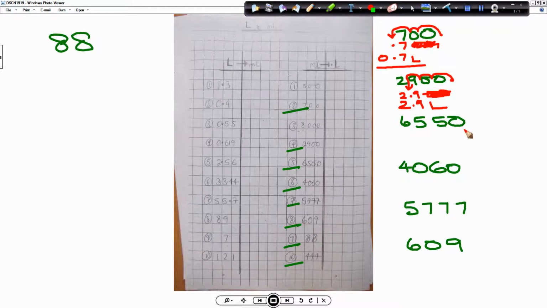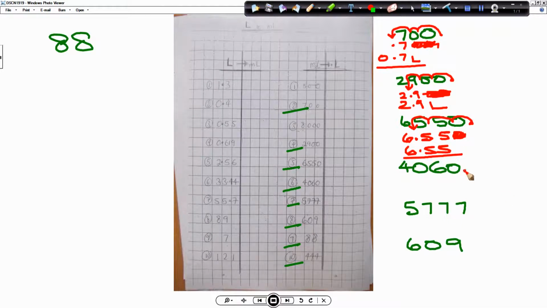You don't need them. 6,550 divided by 1,000. There is nothing to these questions. Nobody should be getting stuck on these questions because we are moving decimal points, copying things down and getting rid of unnecessary zeros. Okay, so the answer is 6.55. That 0 at the end of the decimal number is unnecessary.